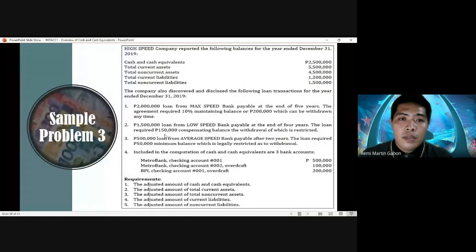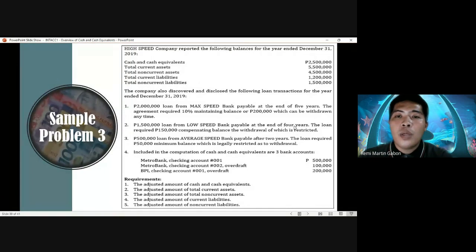Okay? Next. 1,500,000 loan required ng 150,000 compensating balance. The difference, the 1,350,000 ay ano siya? Cash proceed. Part siya ng cash, pero yung 150,000 legally restricted.